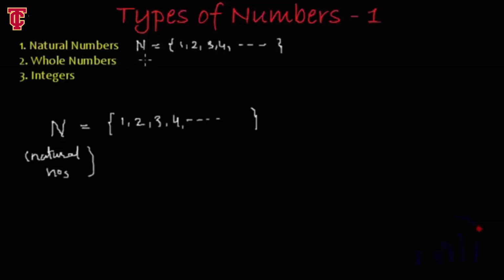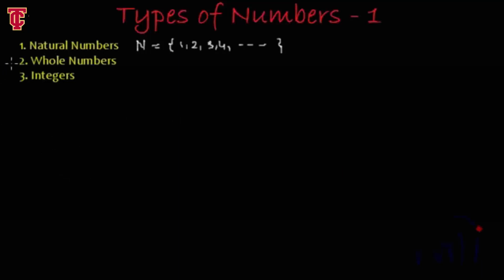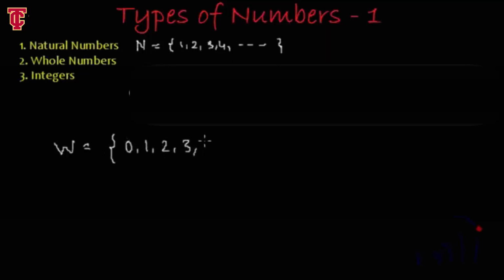Now the second kind of non-decimal number I'm going to talk about today is a whole number. A whole number actually includes 0, for reasons that you'll find out as you keep going with number theory. Whole numbers are different than natural numbers because whole numbers aren't necessarily things you can count in nature. Here I have whole numbers denoted as a capital W, and I'll put in the set here.